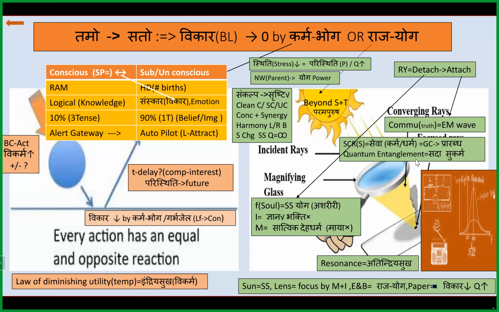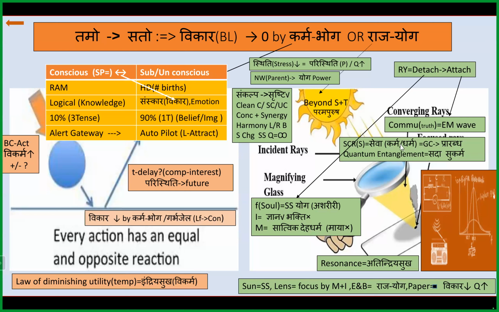Only when we are always entangled to Paramatma, then the script, which is the script of the Prarabdha, is automatically generated. So that is the objective of Raj Yoga: you have to get connected to the supreme power. Then whatever karma we do becomes God conscious.